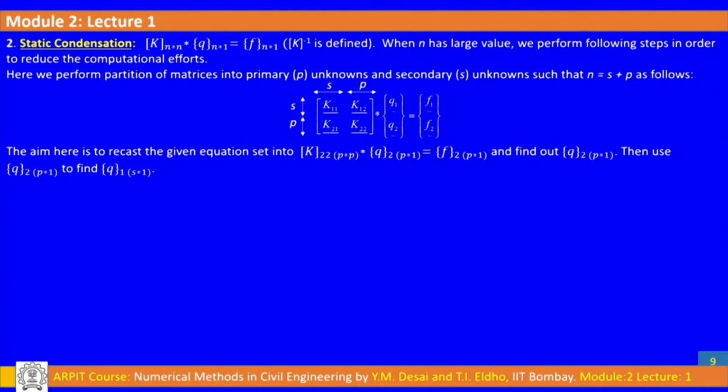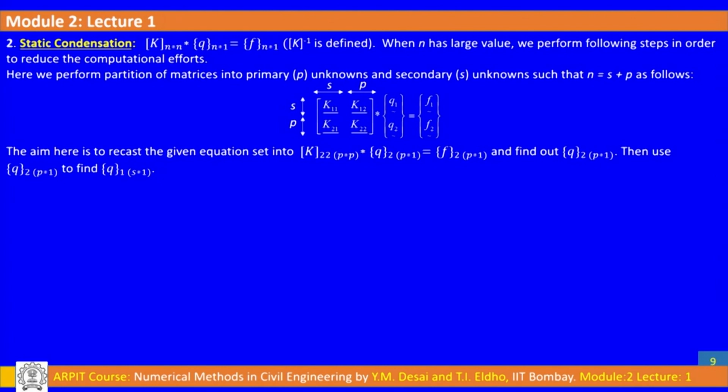So, the total number of equations N equals S plus P, and the size of these different submatrices we can easily infer from the partition equation that we have in front of us. For example, K11 will have dimension S by S, K22 P by P, K12 S by P. Vector Q1 containing our unknowns is a vector of size S by 1, which contains secondary unknowns.